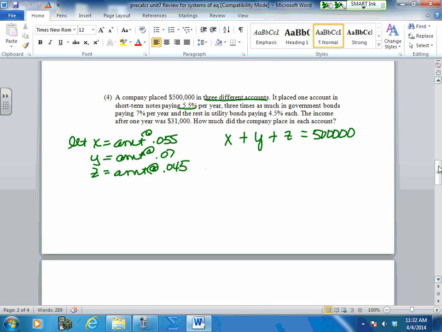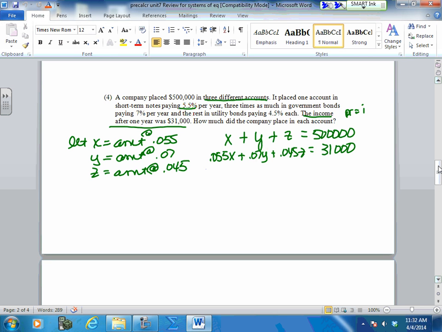We noticed his income after 1 year from his interest, principal times rate equals interest, is $3,100. So we can multiply each one by their interest rate. And now we need to find one more equation.